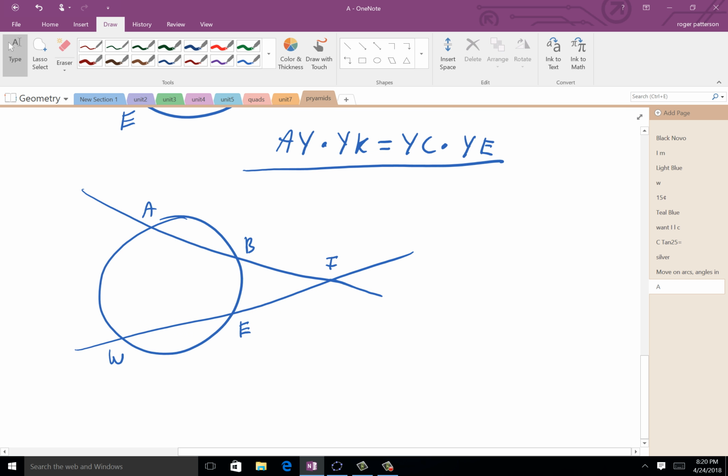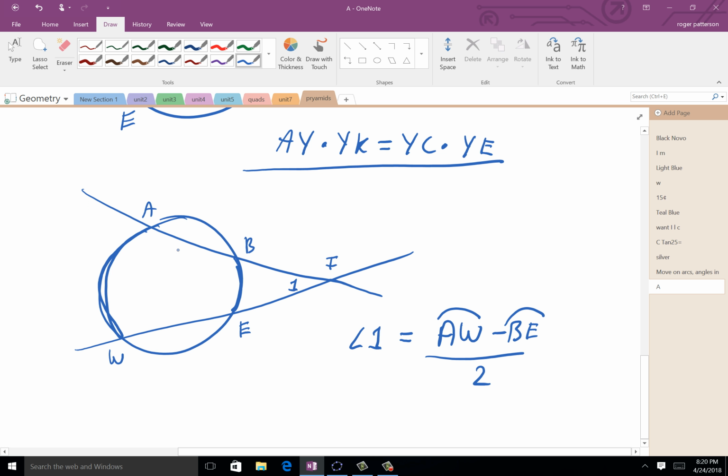Okay, so what about this one? Well, in this case, we talked about the arcs, right? So I'm going to call this angle 1 right here. So angle 1 is equal to arc AW minus arc BE divided by 2.